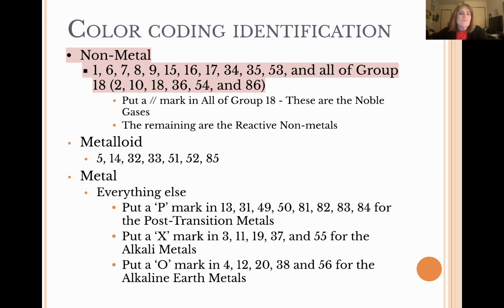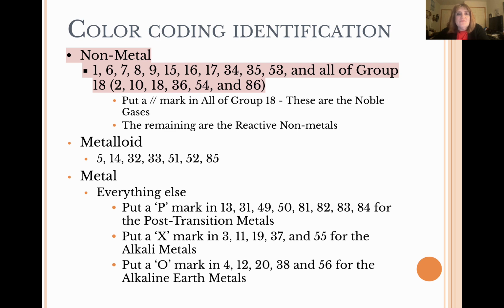So at the top of your periodic table, you have 2 categories that are labeled noble gases and reactive nonmetals. Those are actually your non-metal categories. And those encompass elements 1, 6, 7, 8, 9, 15, 16, 17, 34, 35, 53, and all of group 18.